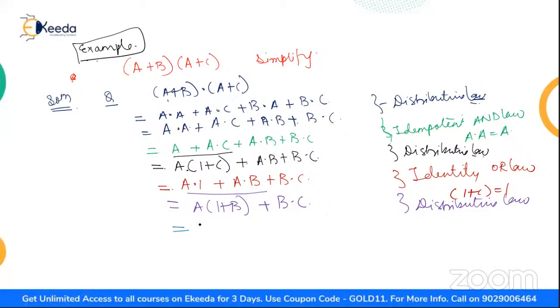This is equal to 1 plus B is 1, so A dot 1 plus B dot C. Identity OR law. Okay. What is A dot 1? Anything dot 1, or A multiplied by 1, is A. So A plus B dot C.